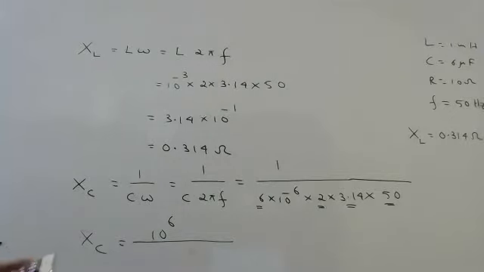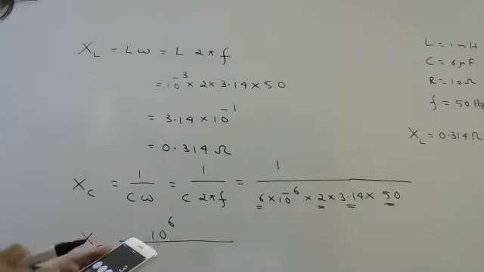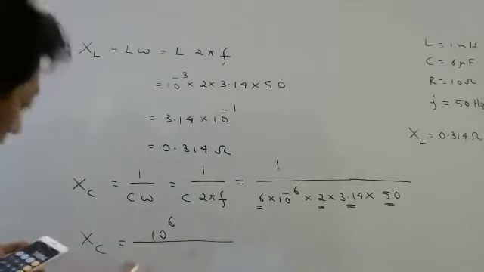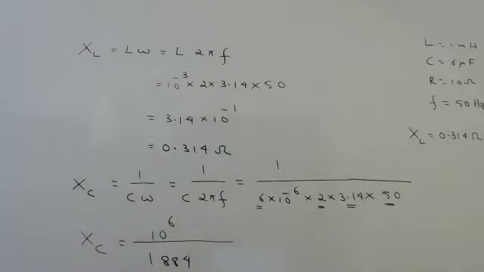Otherwise, let me also do myself only. So let us do 6 into 2 into 3.14 into 50. So I am getting 1884.